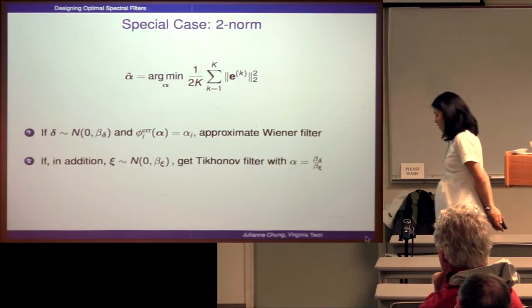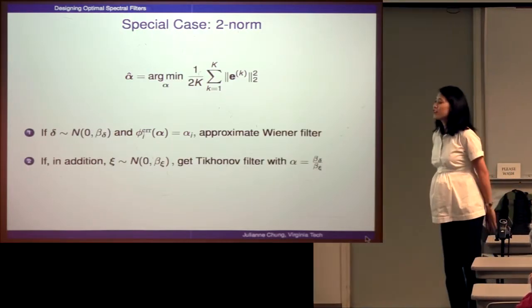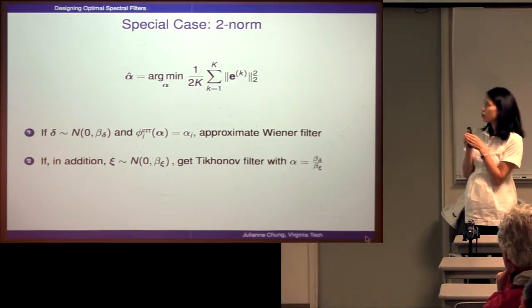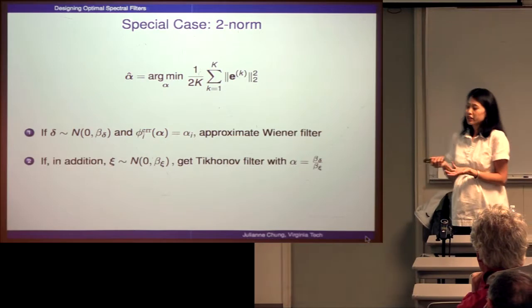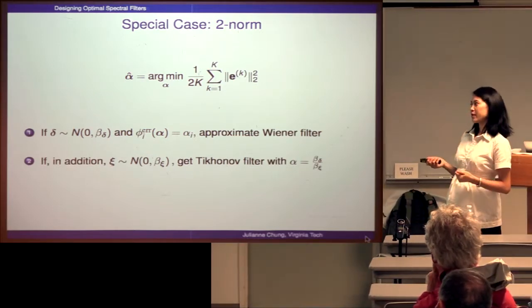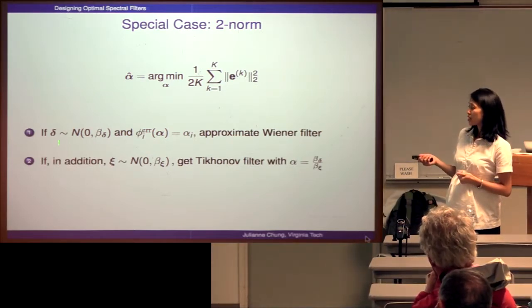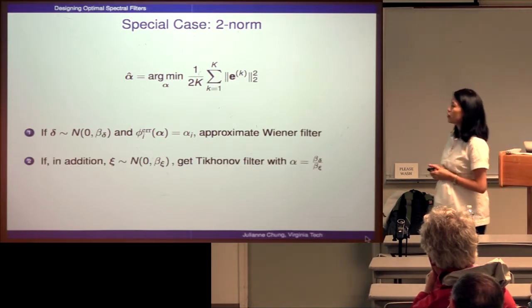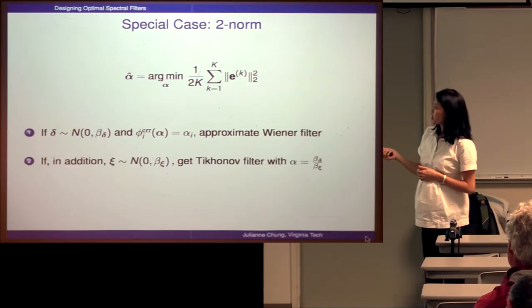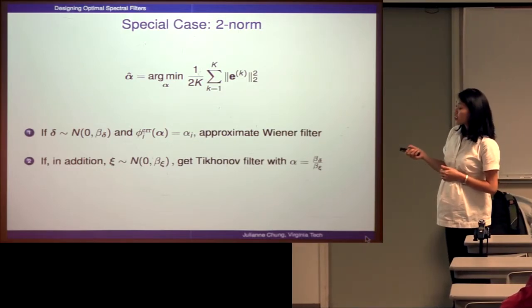Another important thing we saw is that if you look specifically at the 2 norm, and you have some assumptions about your probability distribution, for example, you assume that the noise, delta, comes from a normal distribution with 0 mean and variance beta delta, and we use the error filter, then what are we doing?